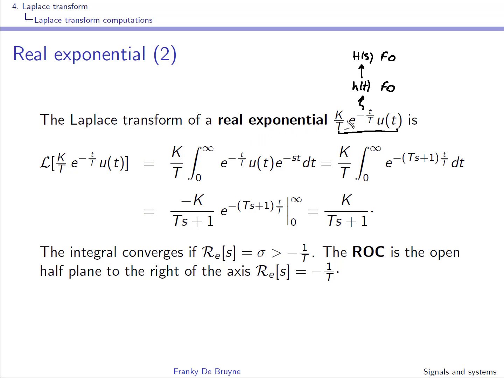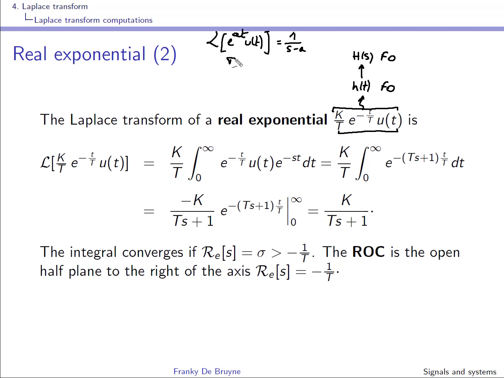But this explains why I'm interested in taking the Laplace transform of this signal. So we'll remember what we have found in the previous slides: the Laplace transform of this signal over here is equal to 1 over s minus a, right?